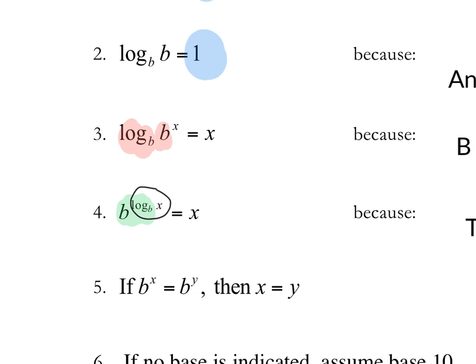It's the number that when I raise b to this power, I get x as a result. Well, what I'm going to do is take b and raise it to the power that results in me getting x as a result. In simpler terms, the base and the log with the same base as an exponent undo one another. So all I'm left with is this x being here. Similarly, this x is here.